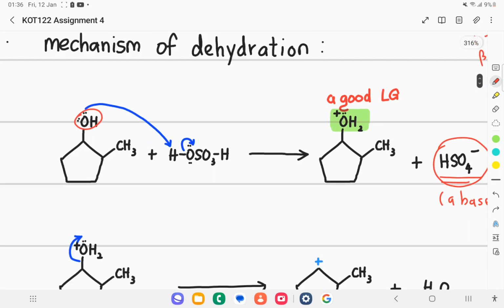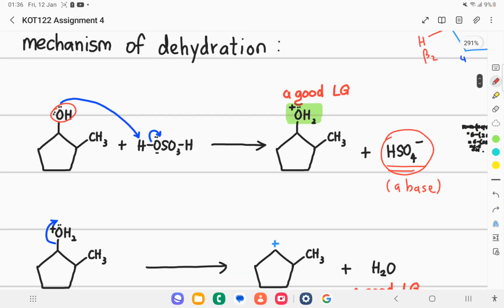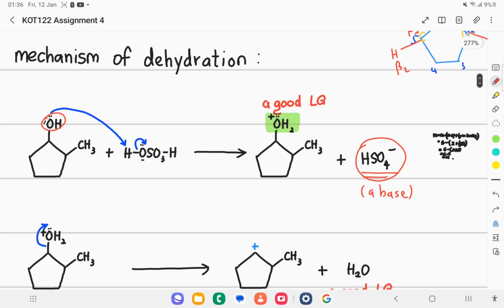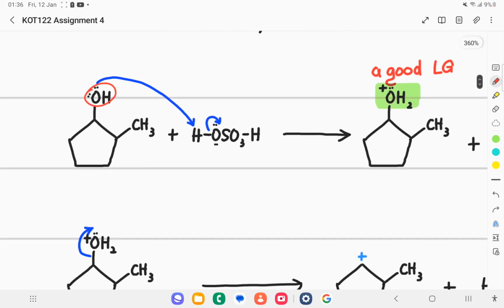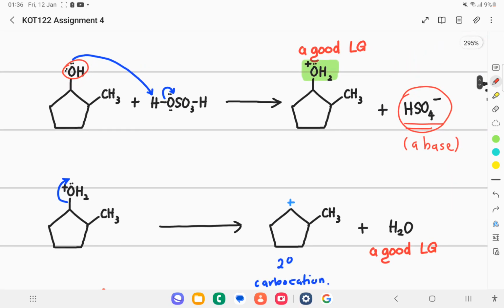This is the only difference from the previous lesson that we learned in the E2 mechanism reaction. So this becomes the first step, which is the addition to the E1 mechanism. Sorry, E1 mechanism, not E2. Alright, so we will proceed.